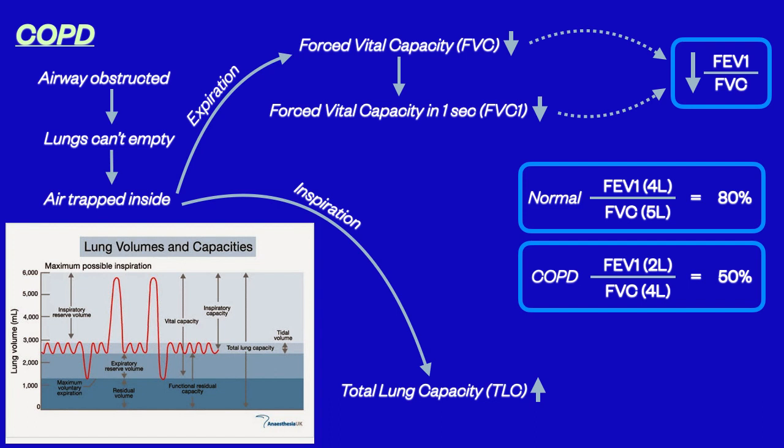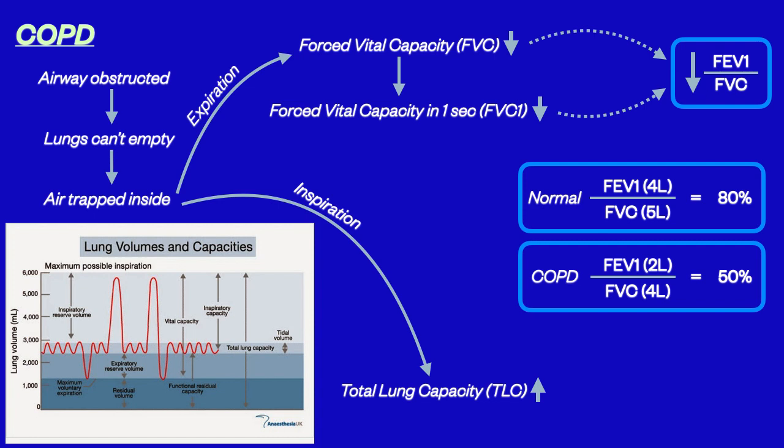This reduction is especially noticeable in the first second of air breathed out in a single breath. We call that FEV1, which is the forced expiratory volume in 1 second, and this is typically reduced even more than FVC.